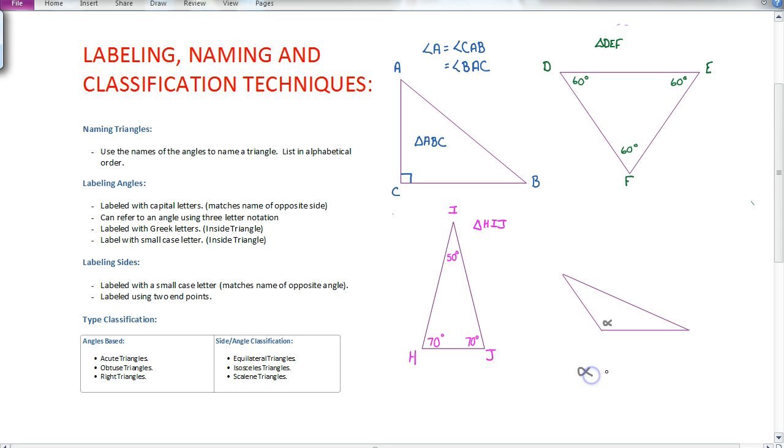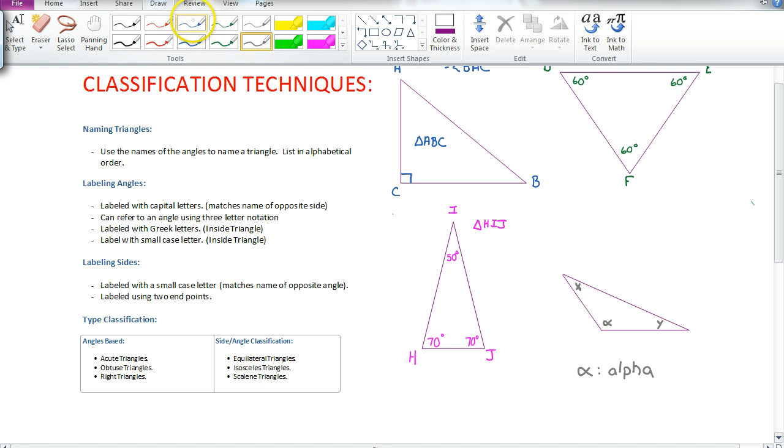Remember, this letter is the Greek letter alpha. I could likewise put a small letter inside the crook. This would be angle X. This would be angle Y. The preferred method, though, for what we're doing is going to be by naming capital letters.